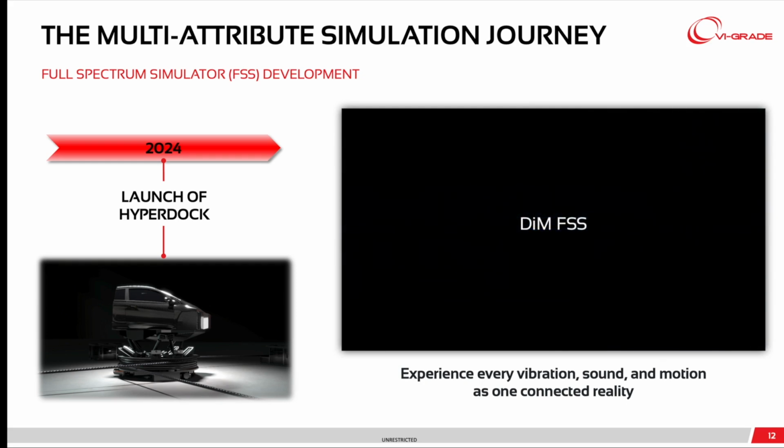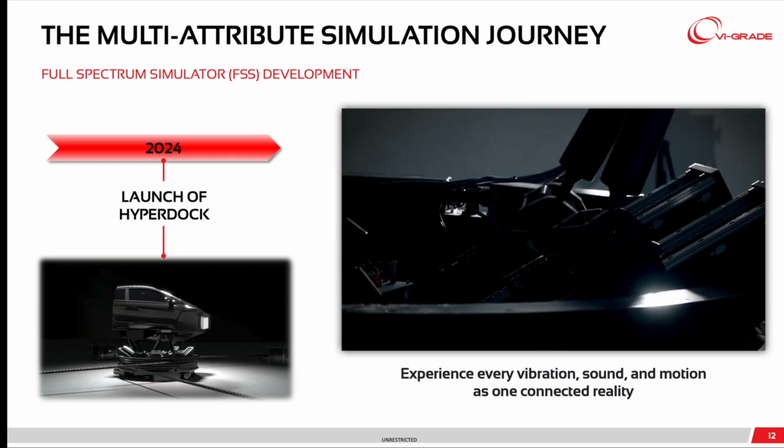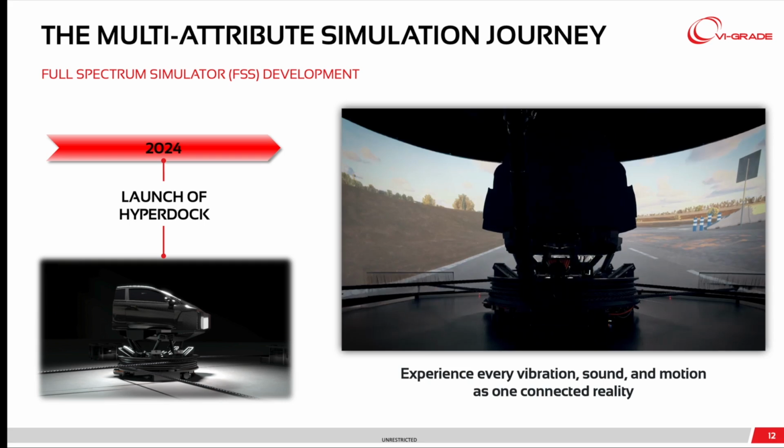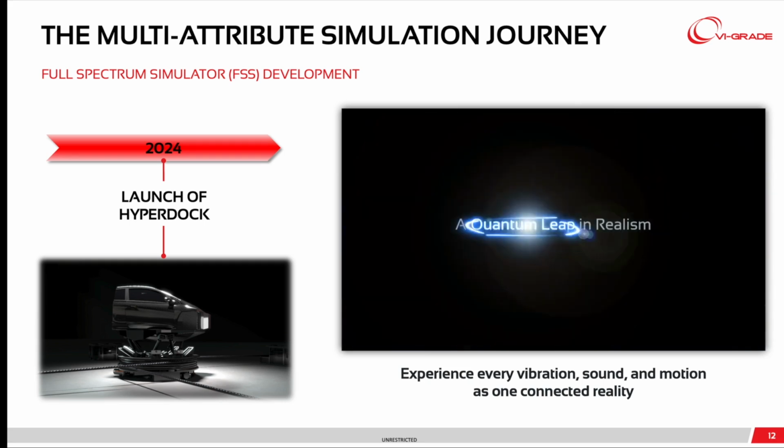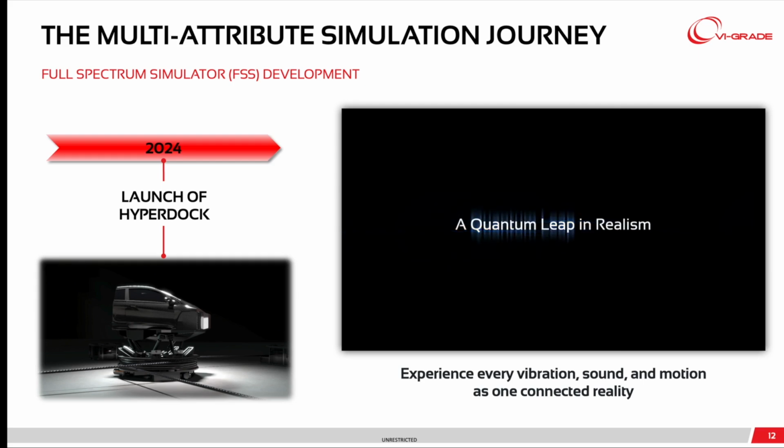The HyperDock itself then is, as I said, a carbon fiber cockpit, which of course has very different characteristics compared to the standard cockpits that we usually have on our simulators.